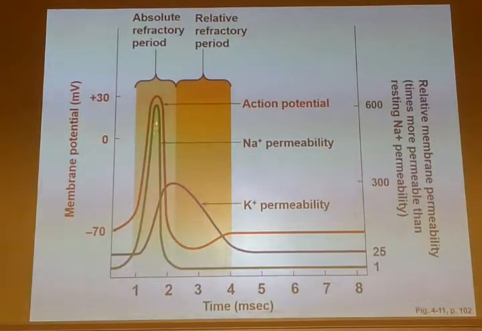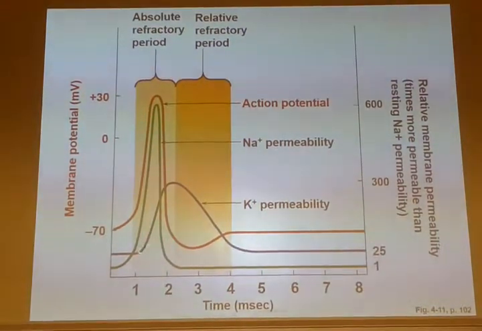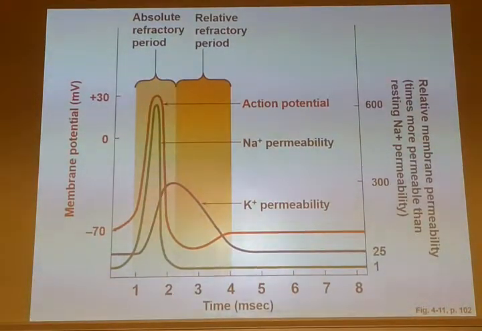If you come down to potassium, when sodium channels close, that's when potassium channels are opening. Permeability to potassium goes up and remains elevated even after you've reached resting membrane potential.